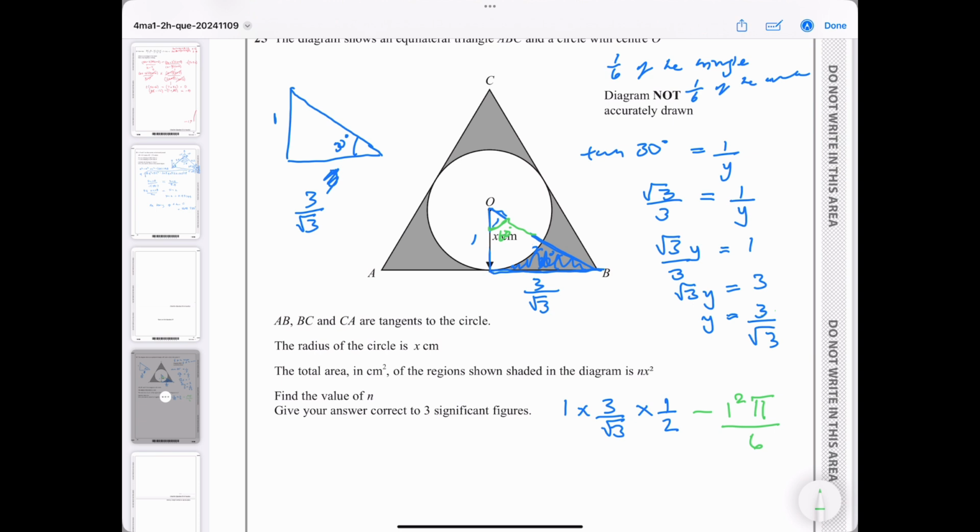So I get 3 over root 3, and please ignore the fact that this isn't a very correct thing to do, but I can't be bothered right now, times 1 over 2 equals, and then we're going to go minus pi over 6.